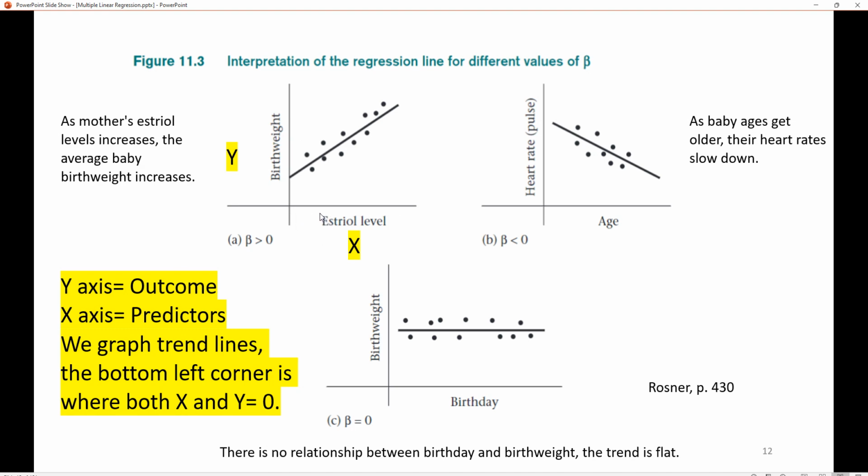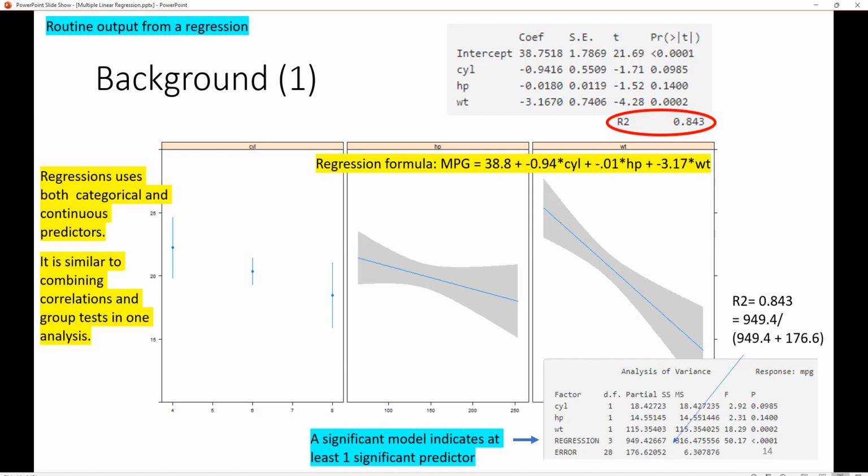So if estriol level is at 0, this is where we'd expect birth weight to be, where that line touches the y-axis. Okay, so that's what the intercept is, and we have coefficients, and those coefficients are used to calculate what a predicted value could be. So it tilts that trend line for us.